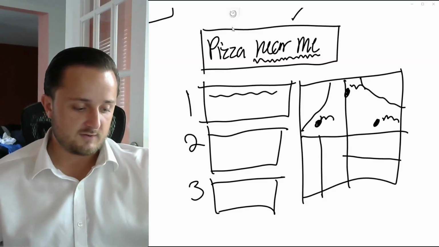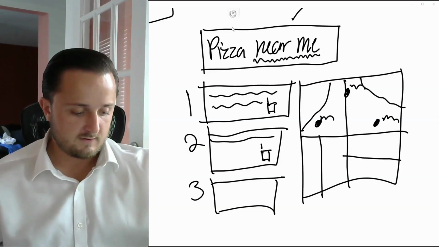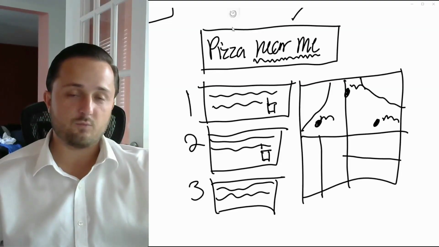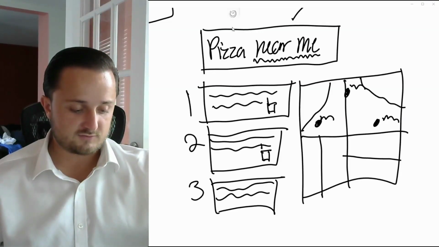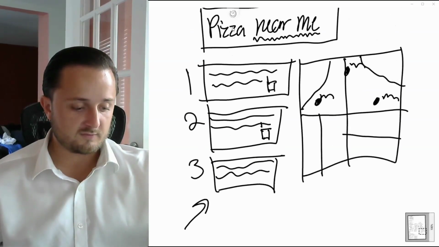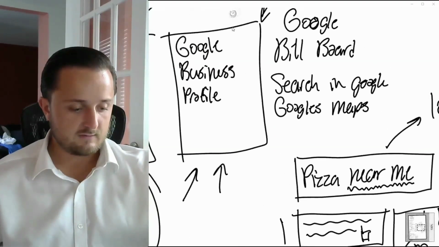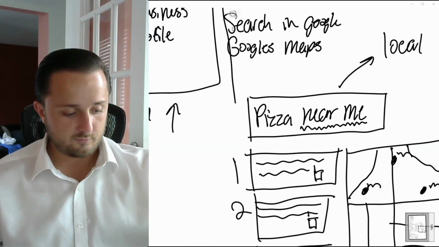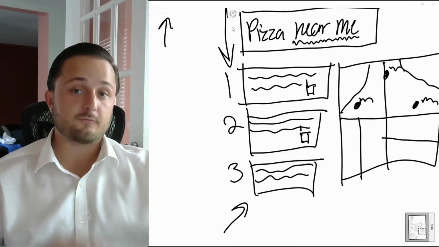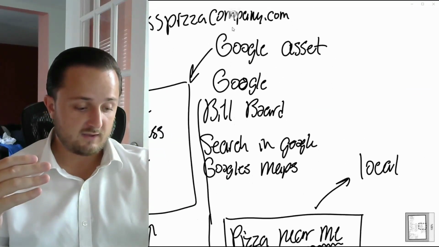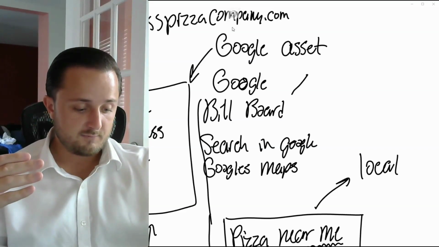You'll see business information here. You'll see a phone number, right? You'll see get directions. You'll see website. You'll see a lot more information. These are all Google Business Profile listings, right? This is what I consider a Google billboard because it's free to set up a Google Business Profile, right? That's why I think of it as a free billboard.